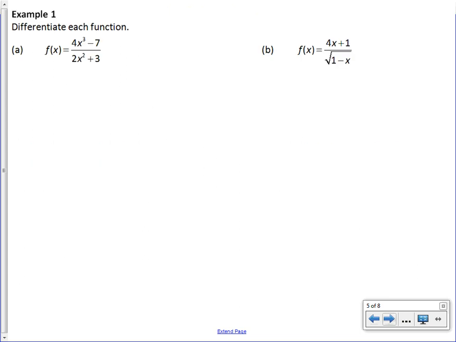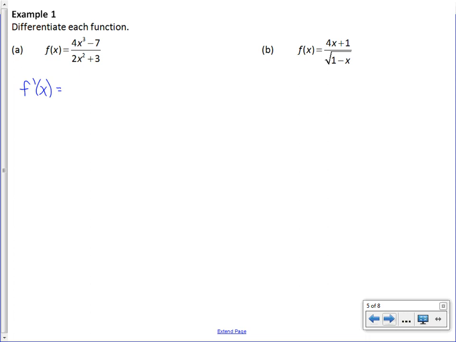Okay. So let's just practice using quotient rule. Just differentiating. f of x equals 4x cubed minus 7 all over 2x squared plus 3. You haven't memorized it yet? Derivative of the top times the bottom minus the top times the derivative of the bottom, all over bottom squared.